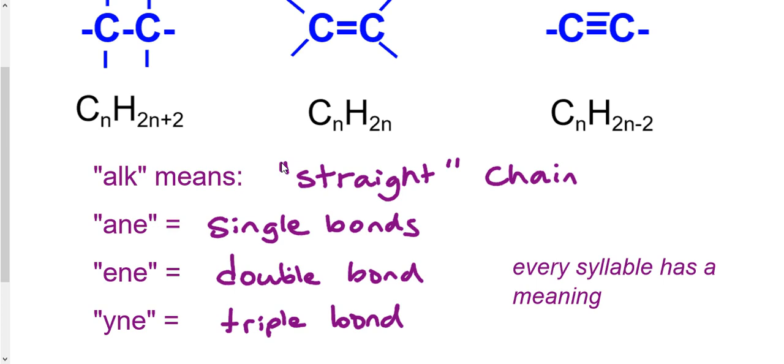So these are all aliphatics, and the ane, ene, and ine refer to the nature of the bonds. Now, is it possible to have double and triple bonds in the same molecule? Yes, it is. Are we going to do that in high school chemistry? No, we are not. We are sticking to the basics of the naming.